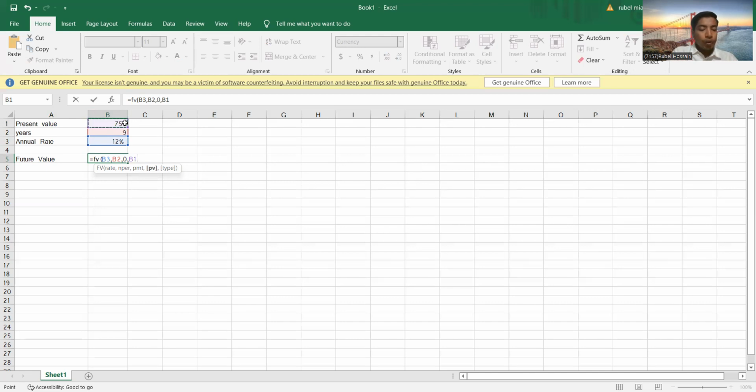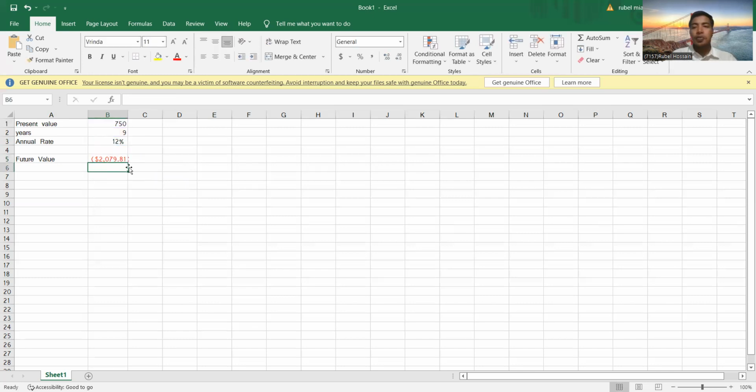So without further delay, and don't waste time, just close the bracket and click on the enter button. Then you guys can see the result. The result is 2079.81 dollars.